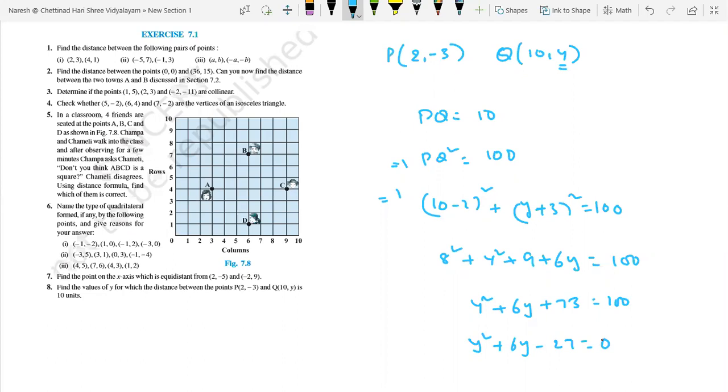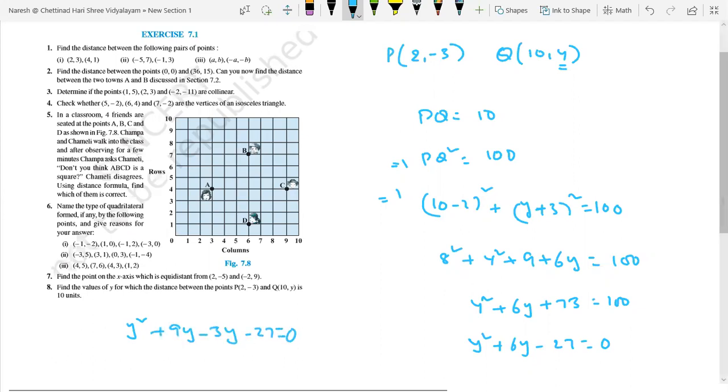Using any method, calculate the y value; you will get two different values. Only real values are possible here. I am splitting the middle term: y square plus 9y minus 3y minus 27 is equal to 0.